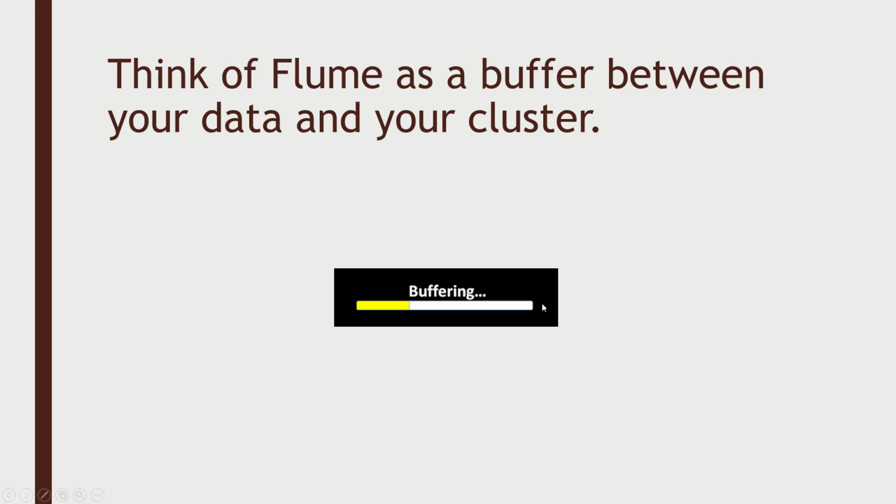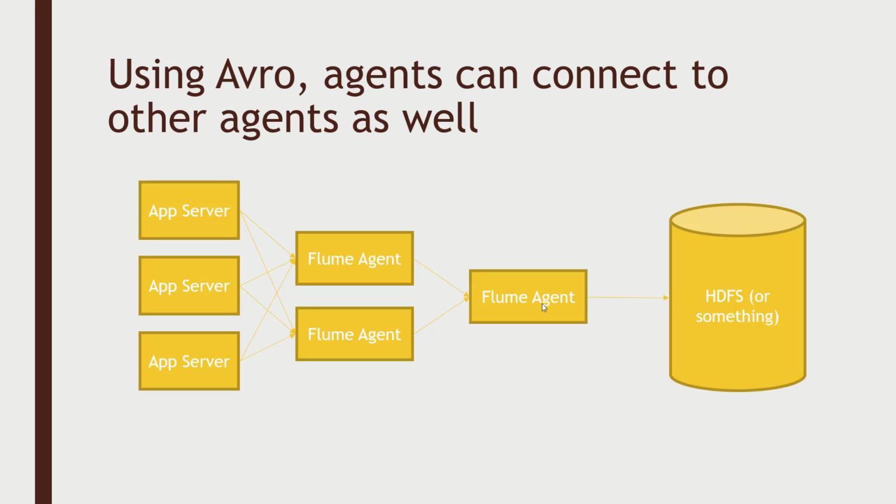So think of Flume as a buffer between your data and your cluster. It's basically a way of smoothing out the traffic between the data coming in from your logs, or whatever your source might be, and where you're writing it to. If we go back and look at this, let's imagine that HDFS starts to get backed up. This Flume agent might start buffering things up, and if that actually got filled all the way up, then it would start pushing data back to this layer of Flume agents.